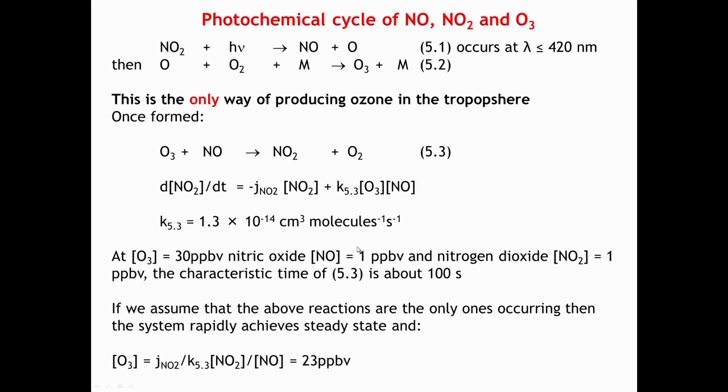Can you all carry out this calculation? Is it straightforward to you? If you've got 30 ppb of NO, 30 ppb of ozone, a ppb of NO, a ppb of NO2, you have a characteristic time from this reaction of about 100 seconds.